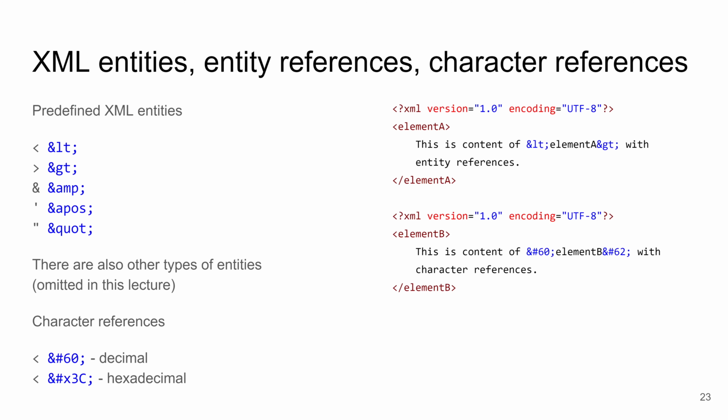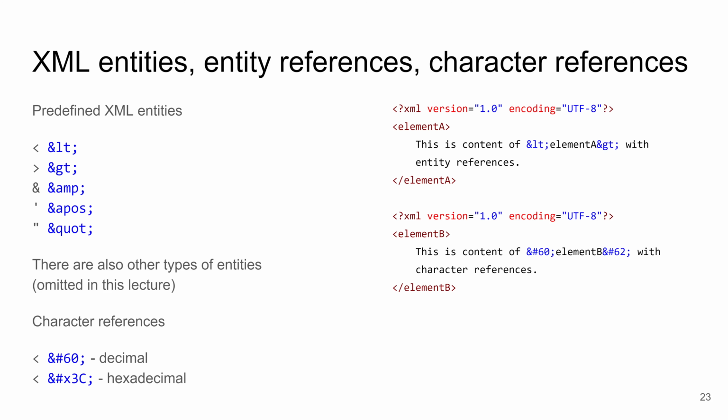And escaping in XML can happen in two different ways. One is the usage of predefined XML entities. So for less than, you'll use ampersand, LT, and semicolon. Greater than is ampersand, GT, and semicolon, and so on. And you will use those directly in the XML document, as you can see in the example on the right side of the slide.